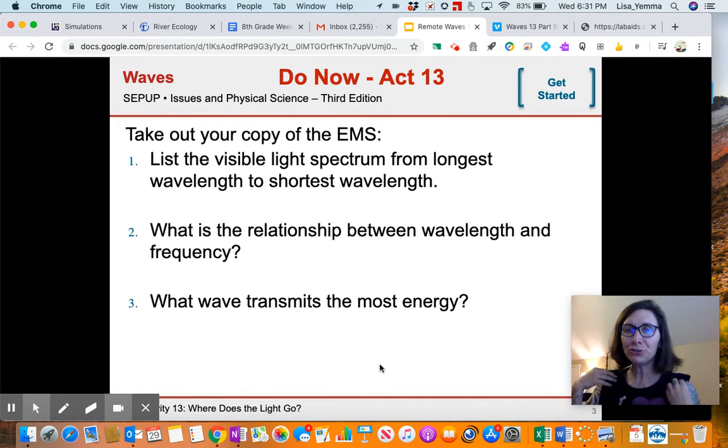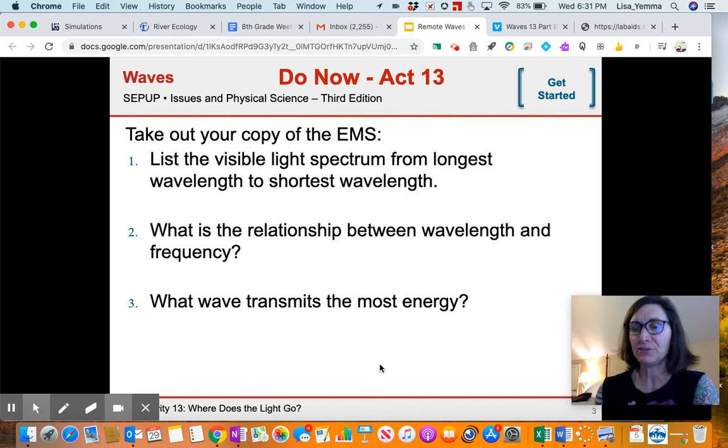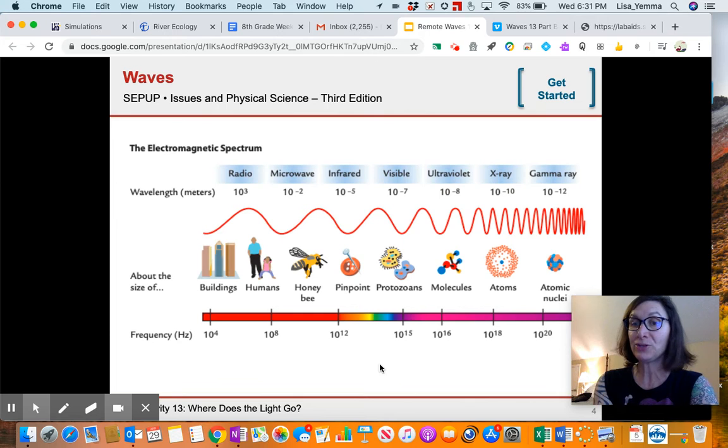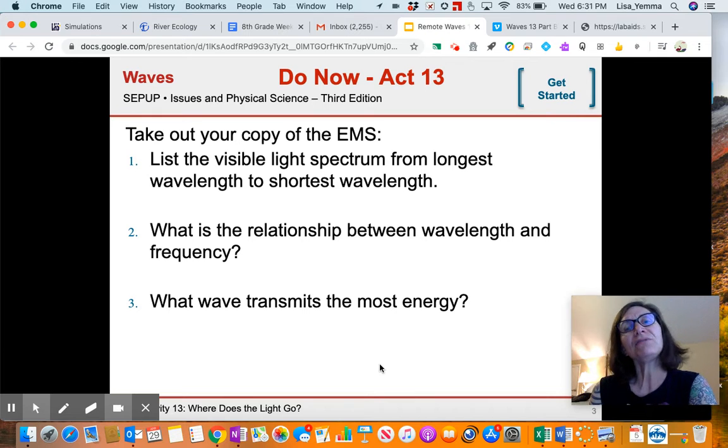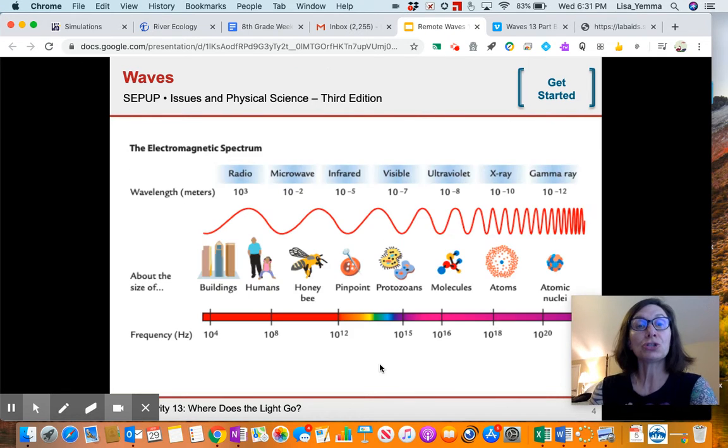I do want you to think about these. This is the copy of your electromagnetic spectrum. Here's my electromagnetic spectrum from last class, and I'll toggle back and forth between these. List the visible light spectrum from the longest wavelength to the shortest wavelength.